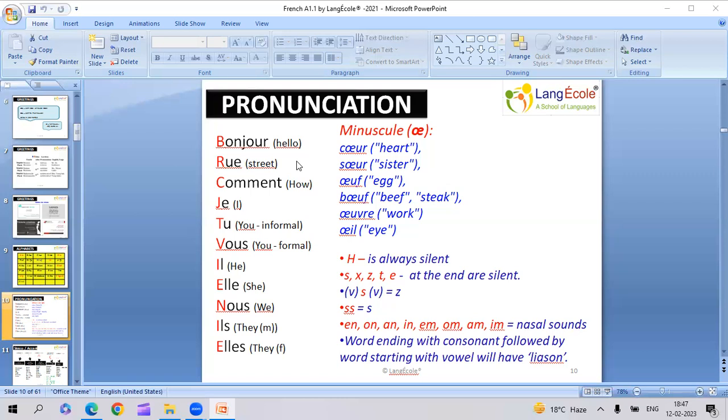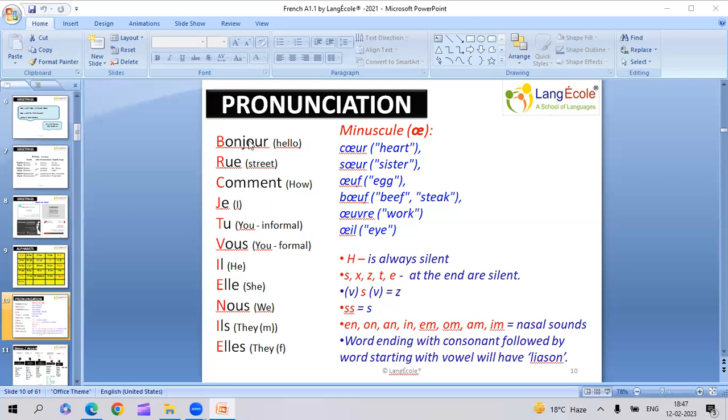So what have you noted here? There are a couple of vowels joined together. Vowels are called voyelle in French.